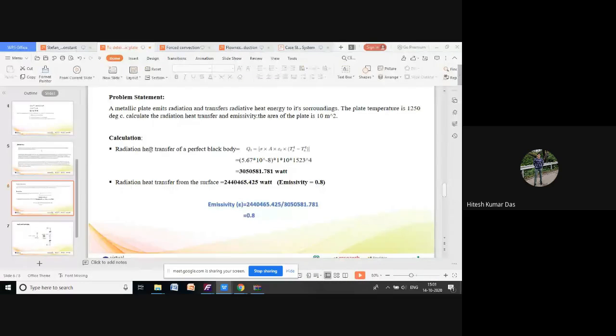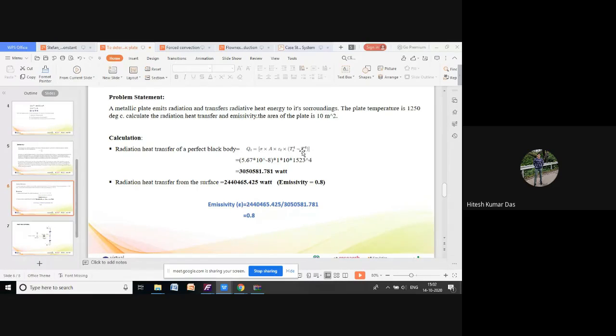You can see for radiation heat transfer for a black body we have used this formula, Q equals sigma A emissivity T to the power 4, where T is the temperature. For sigma we have to assign 5.67 into 10 to the power minus 8. For emissivity of black body we have considered 1. Then A, the area of the plate, is already there in the problem statement, 10 meters square, same we have assigned 10.